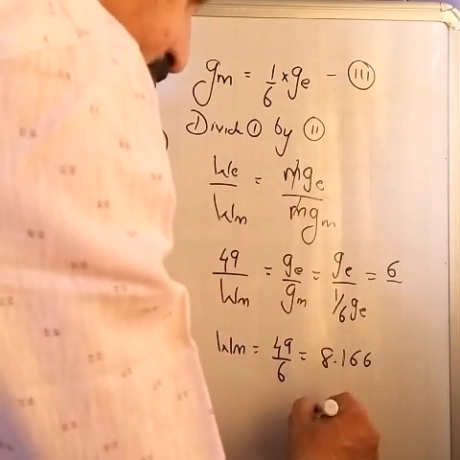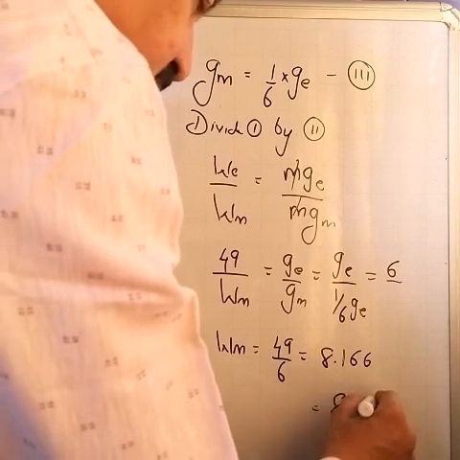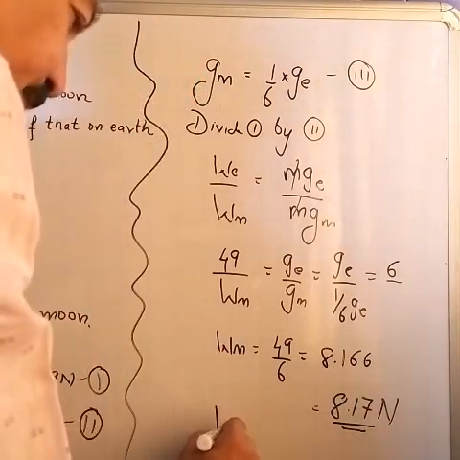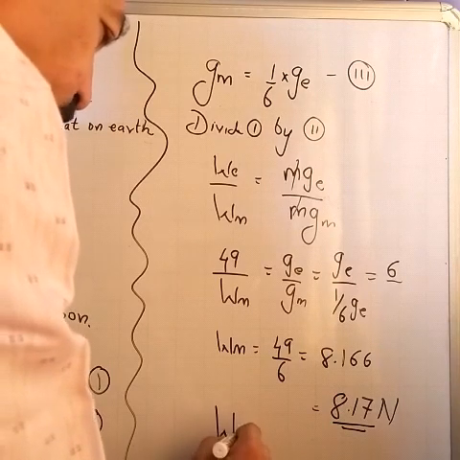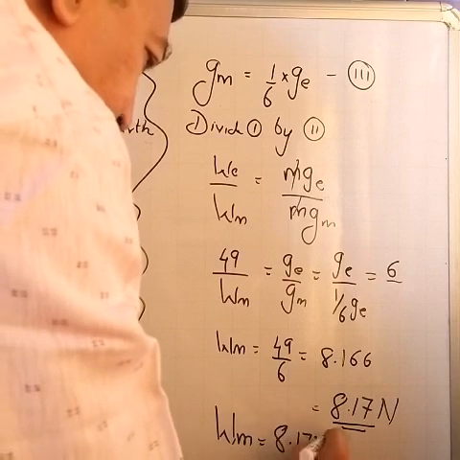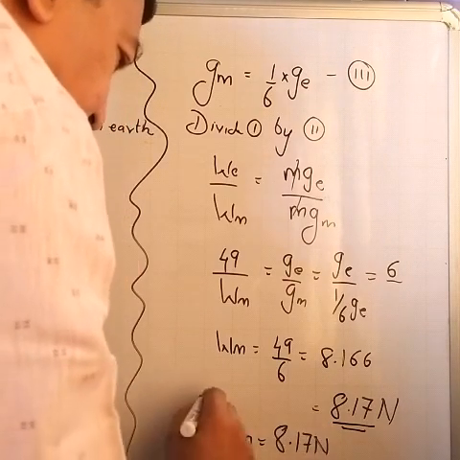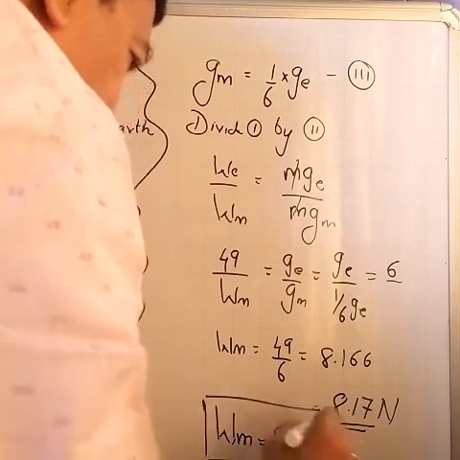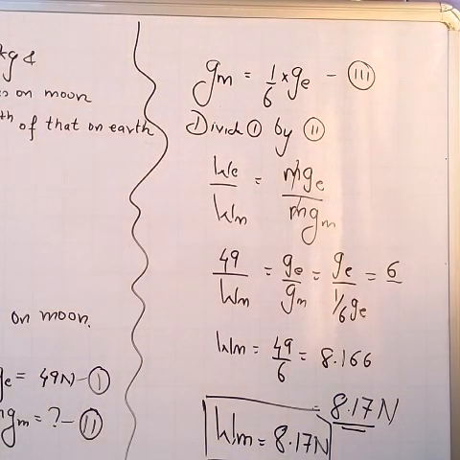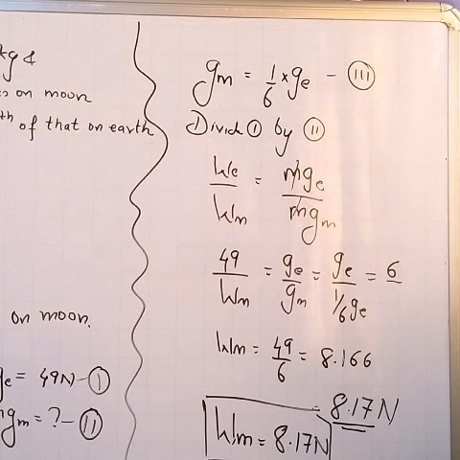So I can write here 8.17 Newton. So weight of the same object on moon will be 8.17 Newton. This is our final answer. We have made use of simple formula, weight equal to m into g, and we got the answer.